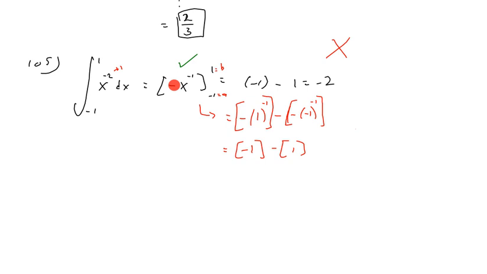And then you plug in, you evaluate at 1. Negative 1 to the negative first power is negative 1. And then minus negative 1 to the negative first power is negative 1, and that becomes positive, it becomes minus. Seems like this is correct.